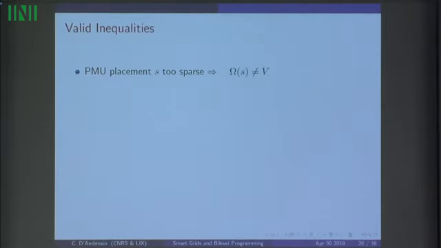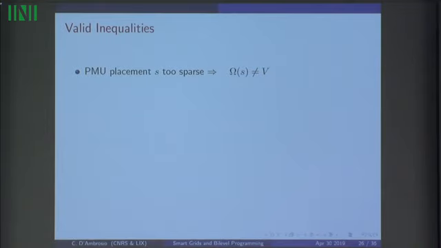Now, how do we get the valid inequalities for this? The physical interpretation is that if the constraints are not satisfied, so if the only constraint that we have is that all vertices are observed, and this is not the case, it means that we do not have enough PMUs in the grid.